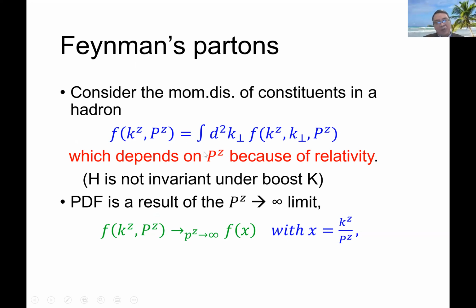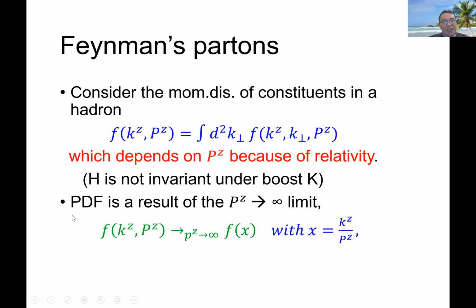That is because, unlike non-relativistic systems, for relativistic systems the Hamiltonian doesn't commute with a boost. And so the momentum distribution of a hadron does not stay the same.